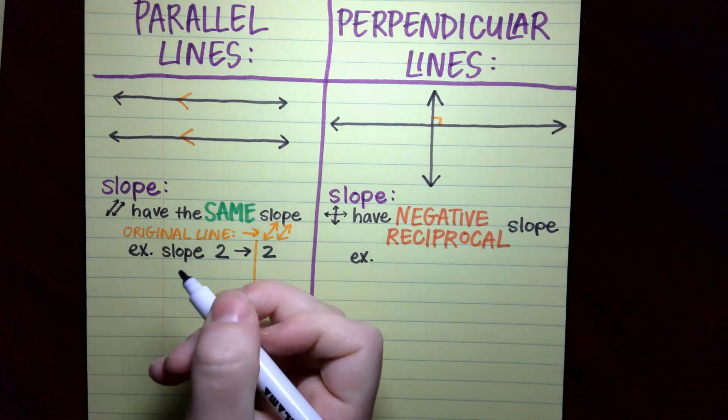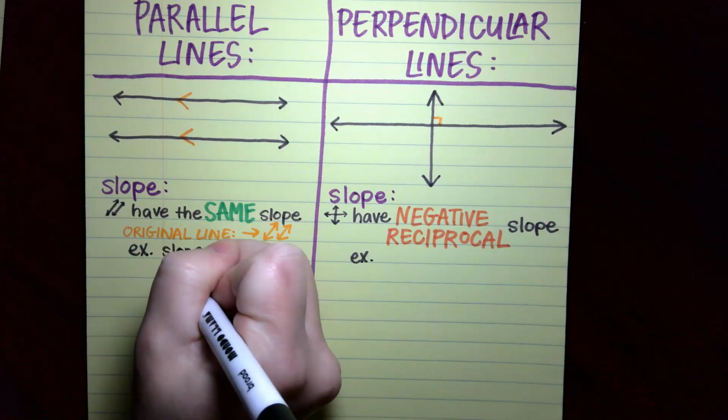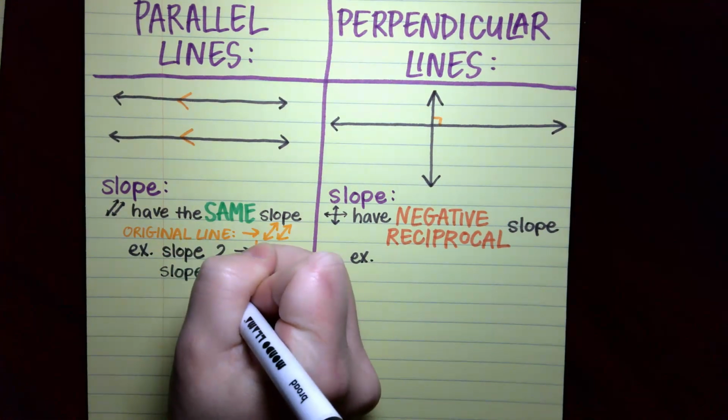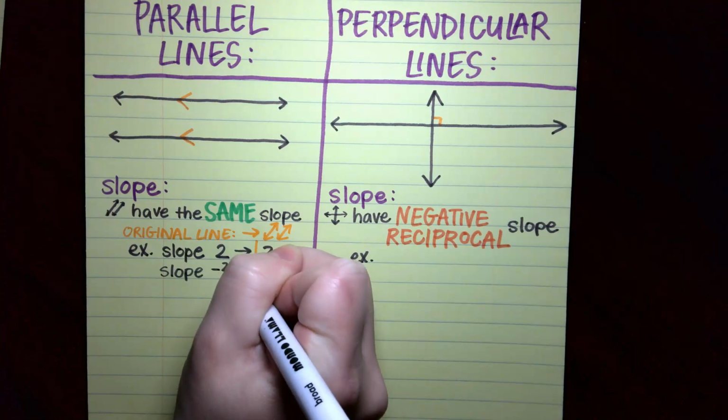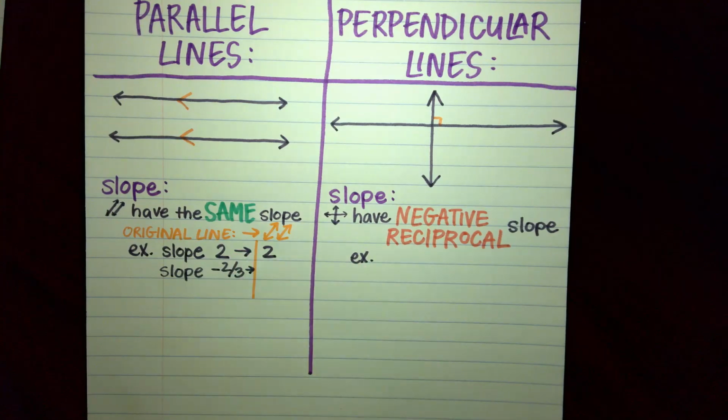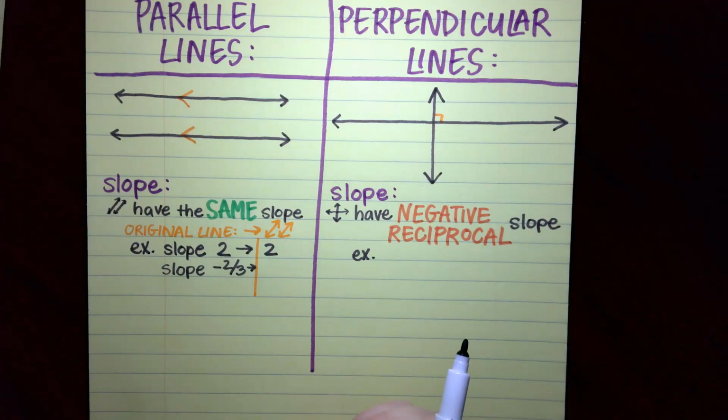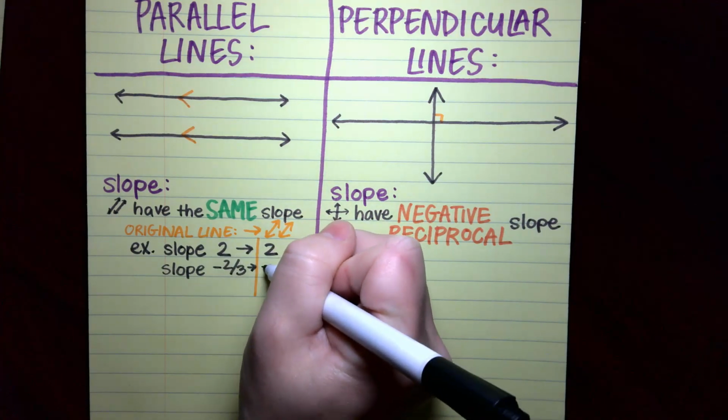What if I had a slope of negative 2/3? What would my new slope be? It would stay the same. It would be negative 2/3.